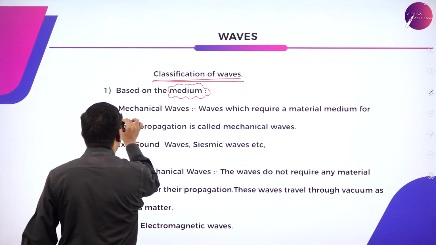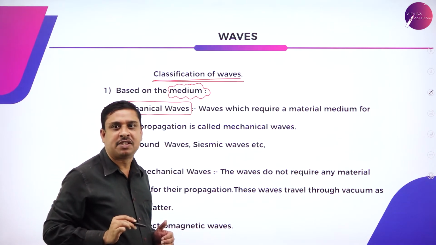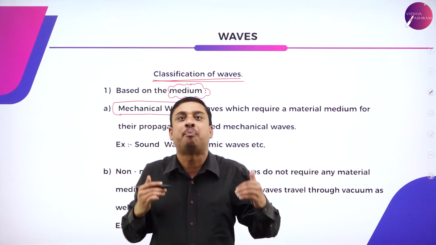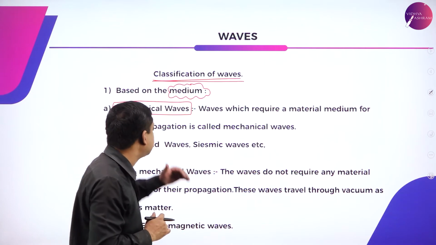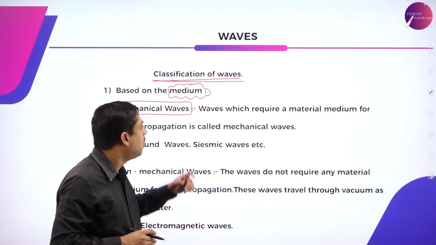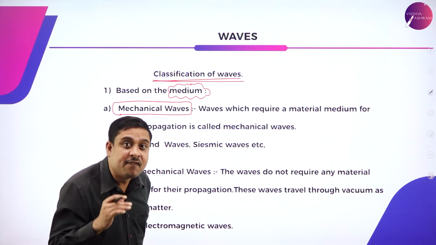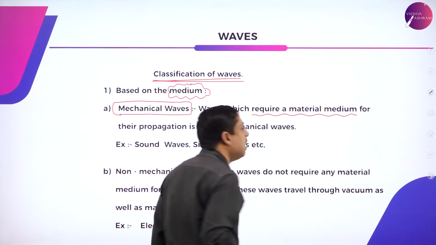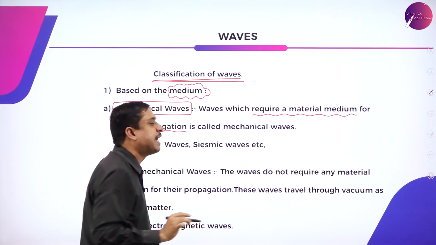Based on the medium, we have two types of waves. When you consider the medium in which a wave propagates, we have two types of waves: mechanical waves and non-mechanical waves. What is a mechanical wave? It is a wave which requires a material medium for its propagation.